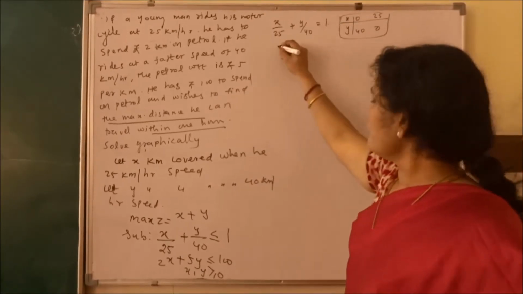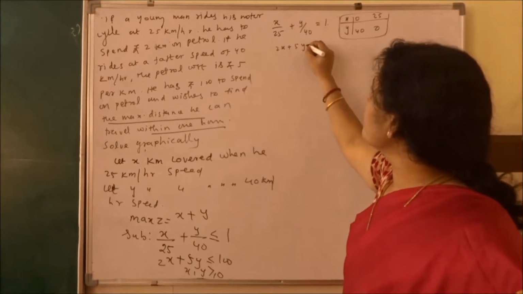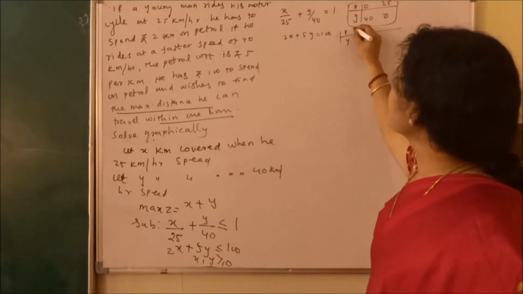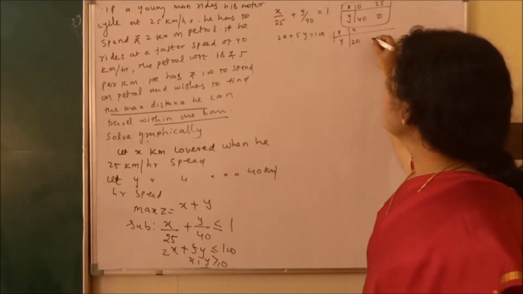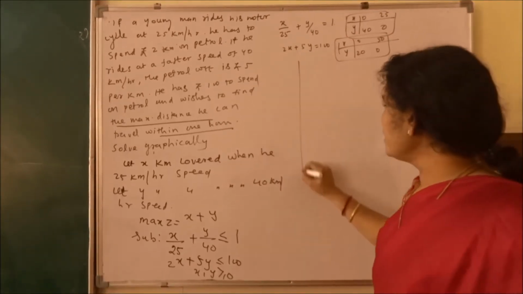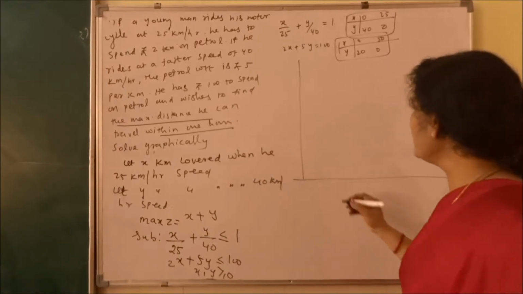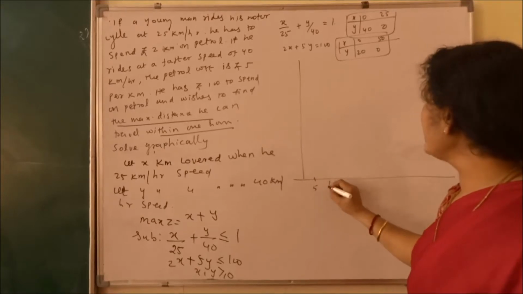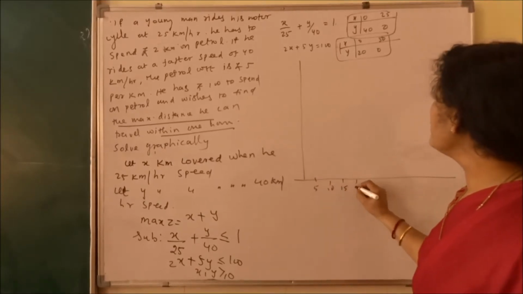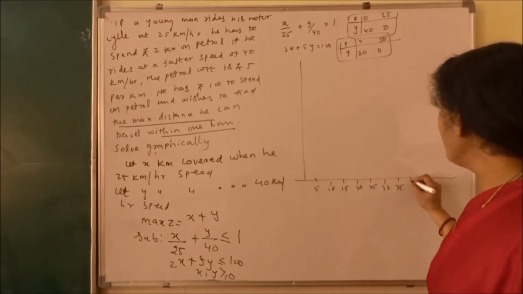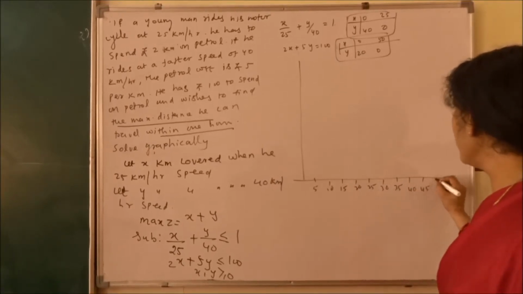Clear? Now another one is 2x plus 5y equal to 100. If I make a table, x 0, y is 20; y 0, x is 50. Clear? Now if I start to draw this one, then after that you can do it. Now I think the concept is clear for you. I am taking 5, 10, 15, 20, 25 and then 30, 35, 40, 45 and 50.